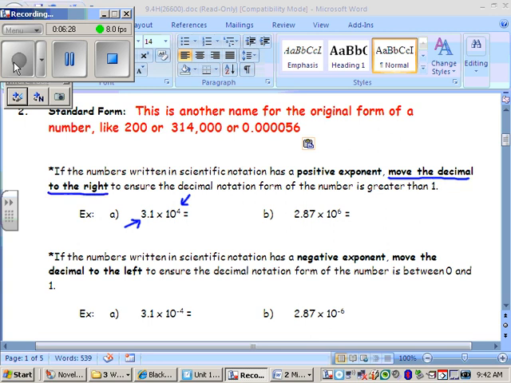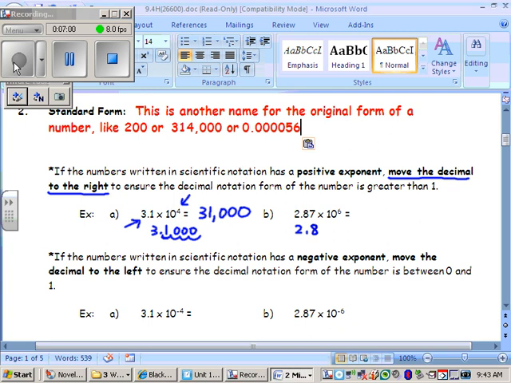And you'll move it, in this case, 4 spaces. So if you have 3.1, you'll move it 4 spaces, and you'll fill in the remaining spaces with zeros. The decimal point will then be removed because it's now been moved to the end. So the original number is actually 31,000. And you can work backwards and double check it by rewriting 31,000 in scientific notation, and you would see that you would get 3.1 times 10 to the 4th.